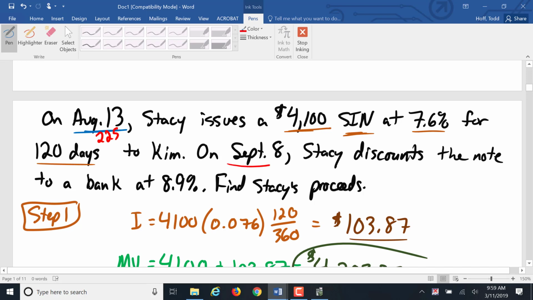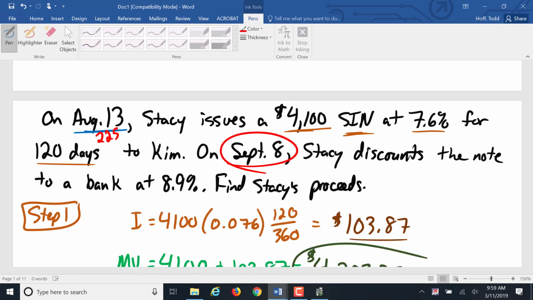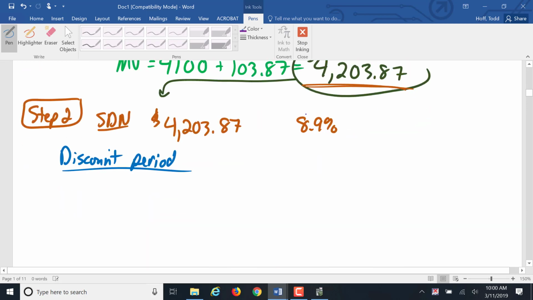Then we need to define the discounting date. Find that on the day table. September 8th looks like day 251. So we'll subtract those, 251 minus 225, is 26 days.